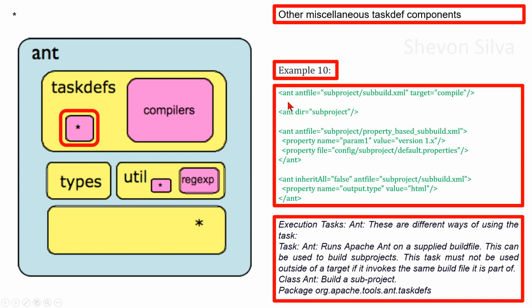This task must not be used outside of a target if it invokes the same build file it is part of. In API, class Ant builds a subproject. This is in the package org.apache.tools.ant.taskdefs.